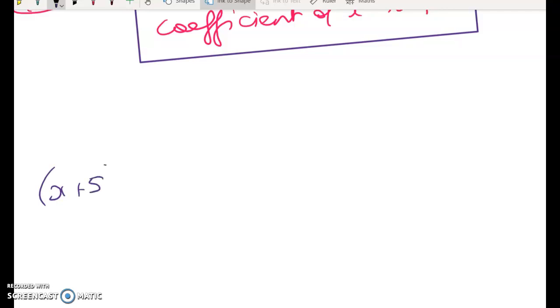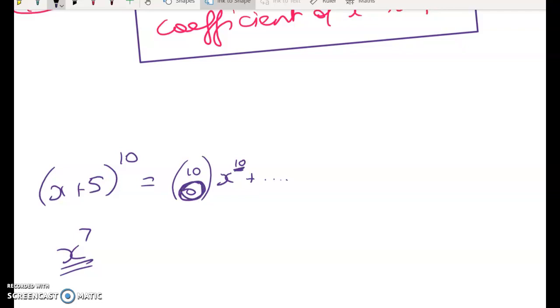So x plus 5 to the power of 10 is equal to this 10 choose 0, x to the power of 10 plus dot, dot, dot. Now, what did I say we wanted? Oh, we're looking for the coefficient of x to the power of 7, right? So you can see in here, if it's x to the power of 10, the number in here is 0.